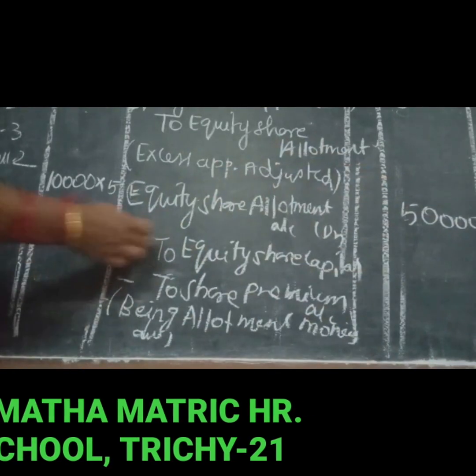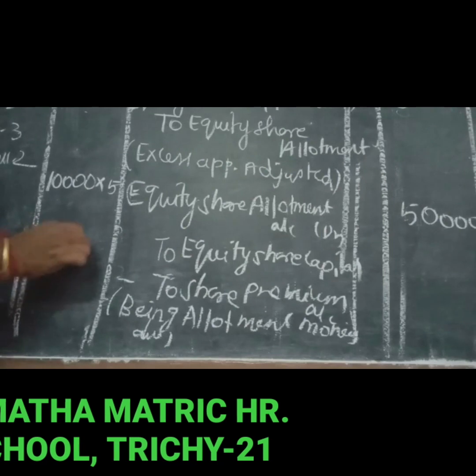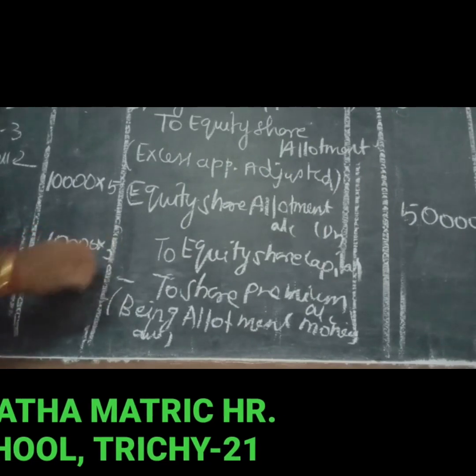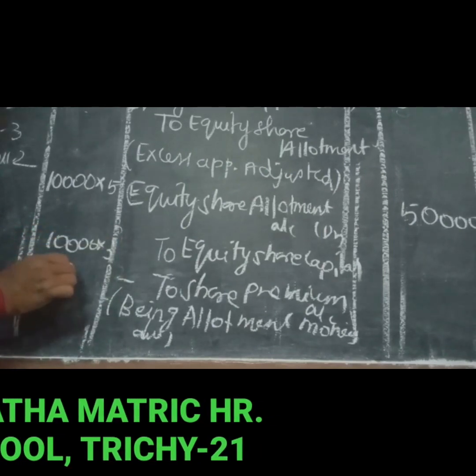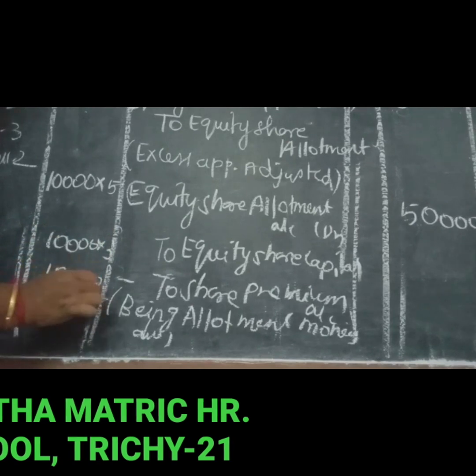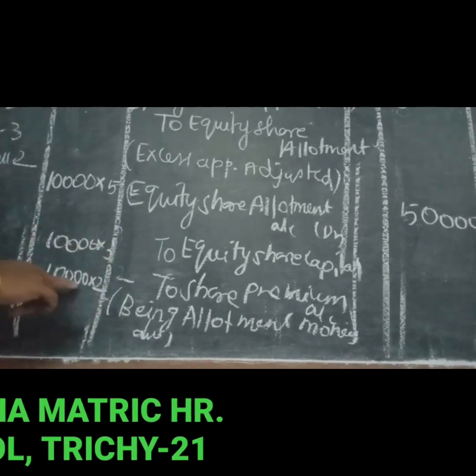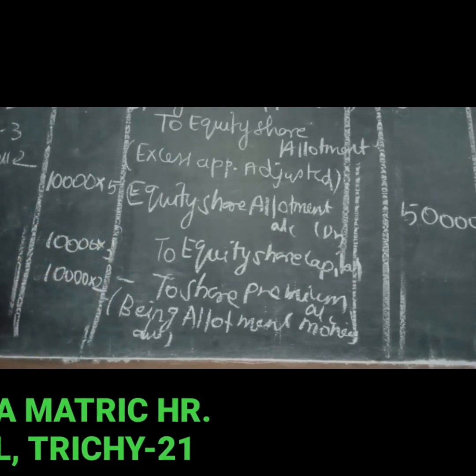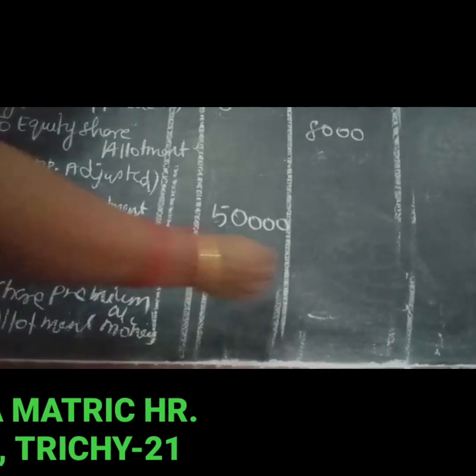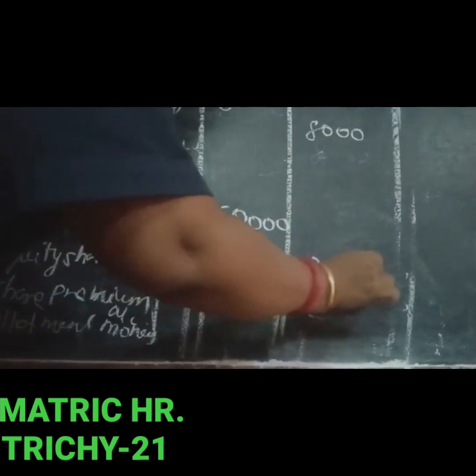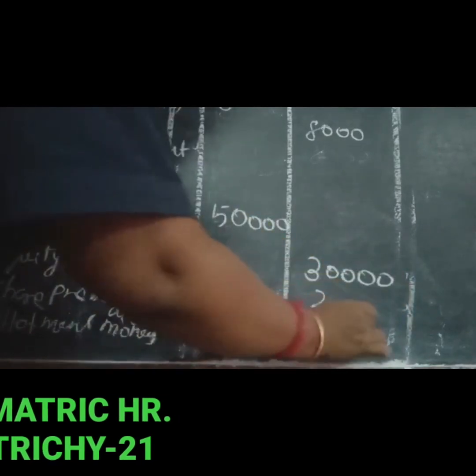Then share capital 10,000 into 3 rupees, 30,000, and premium amount 10,000 into 2 rupees, 20,000.